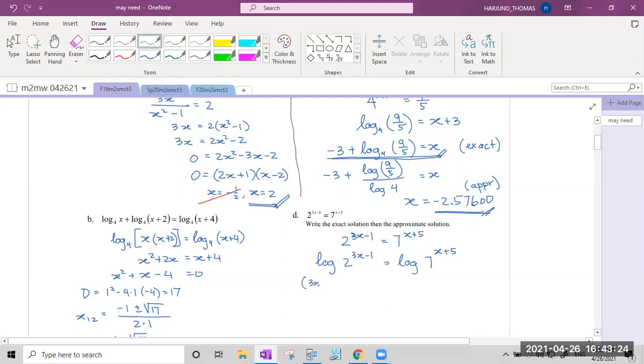So 3x minus 1 times log 2 equals x plus 5 times log 7. Now, I need to isolate the x, so let me distribute this. 3x log 2 minus log 2 equals x log 7 plus 5 log 7.